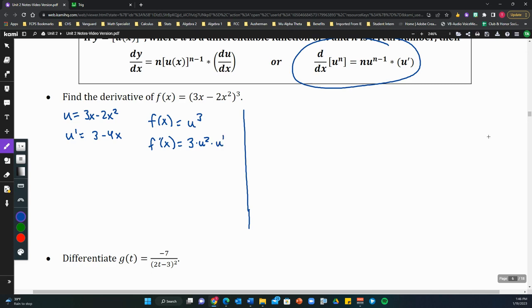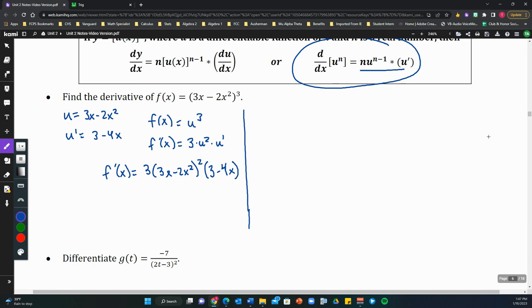So again, this is really what this rule is saying. Then we can replace all the u's with what it's equal to. That would give me f prime of x equals 3 times my u, or 3x minus 2x squared, quantity squared, and then multiplied by u prime, or 3 minus 4x.